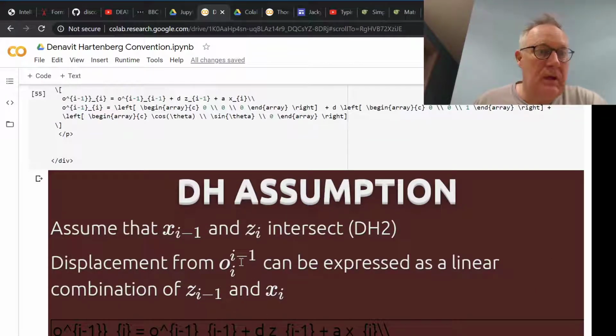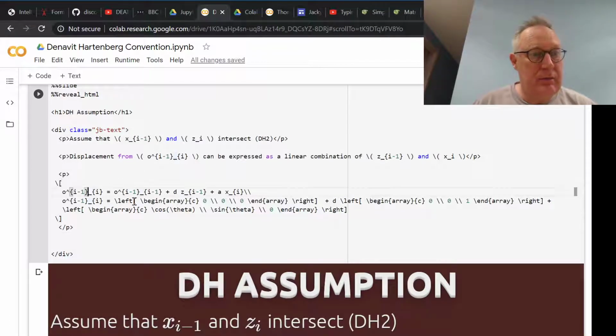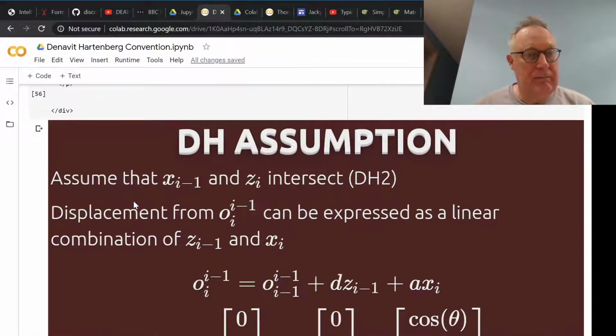So the displacement of the origin from I minus 1 to I is going to be a linear combination of z i minus 1 and x i. And then here we have, this is a mistake.